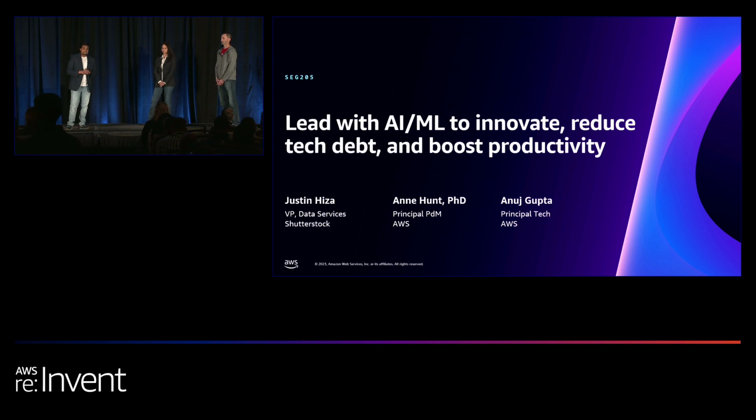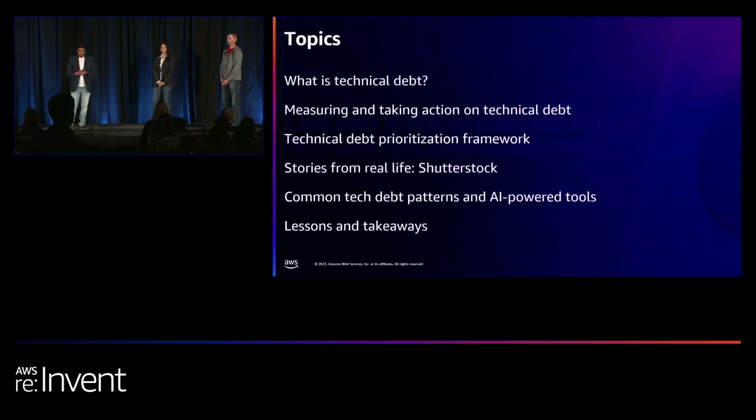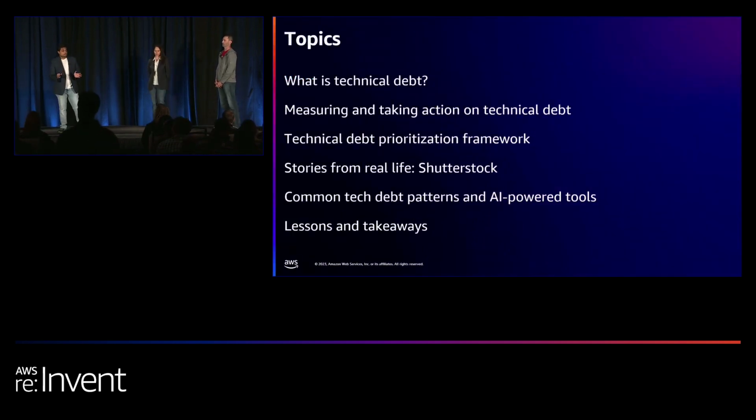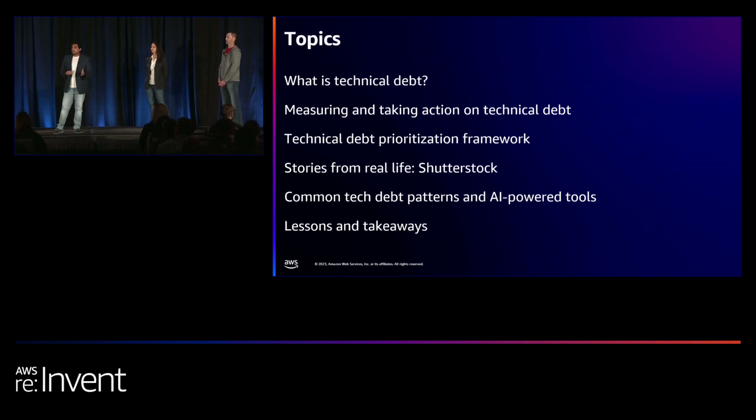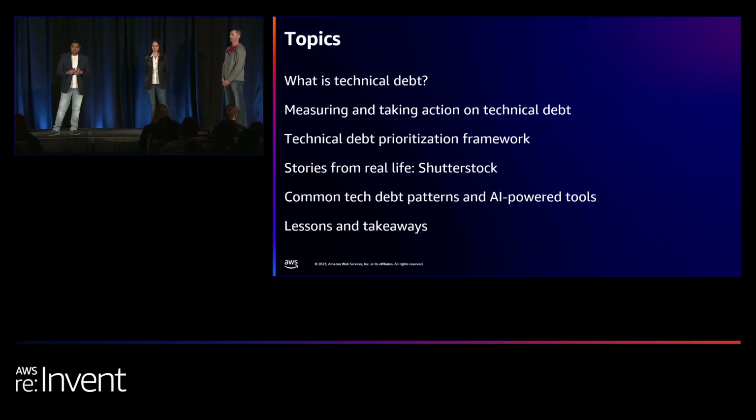So let's look at the agenda for today. First, we are going to define what is technical debt. There are different definitions, so that we are on the same page. Then we are going to look at some of the technical debt categories and some often overlooked categories, I would say. And then we are going to talk about an actionable plan that you can build.